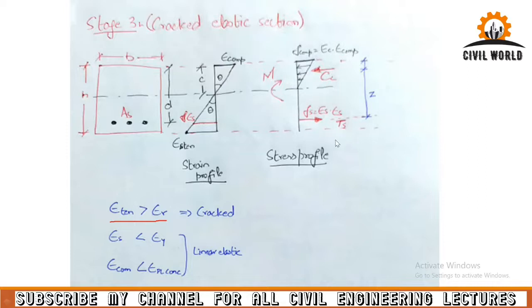But over here you have only one force. So if you want to take the summation of moment at this point, which is the point from where the resultant of the compression force is passing, you can take moment at this point.